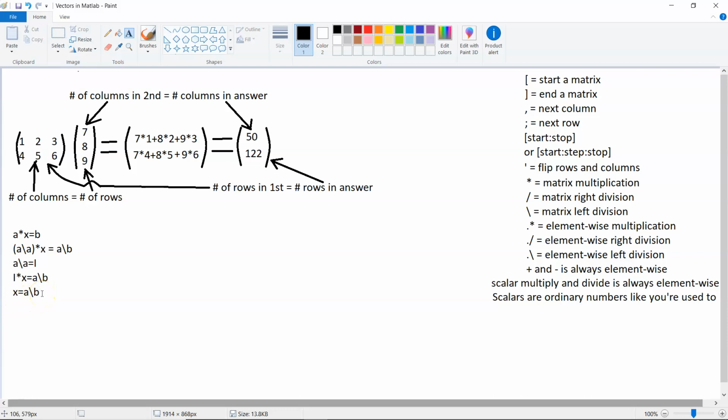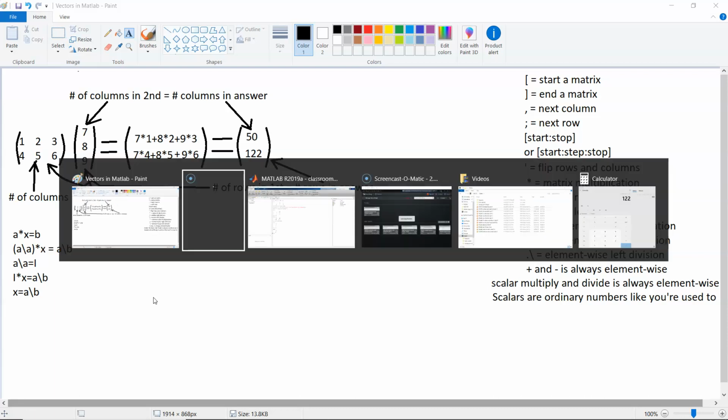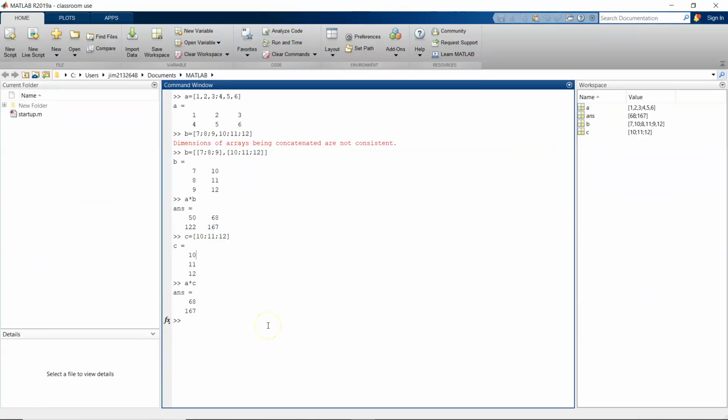That's what the meaning of matrix division is. And it's not the same as right division. I'll show you in MATLAB in just a second that if I tried right division or even B right division A, it won't work. So let's go back. Okay. So we should have an answer.